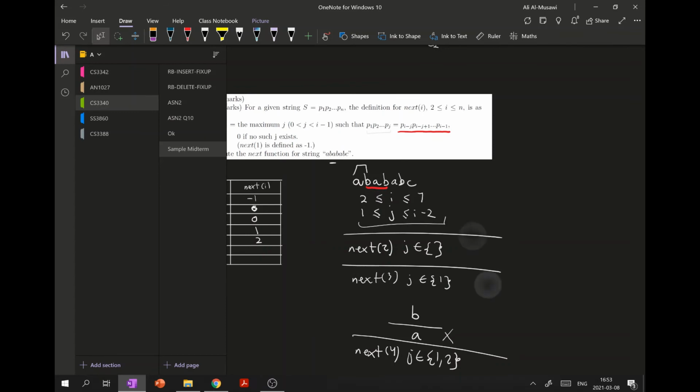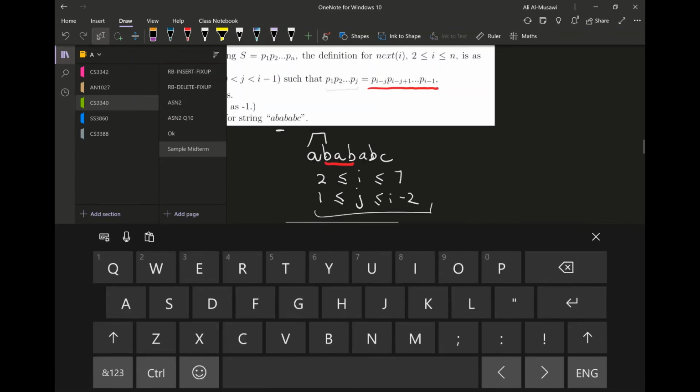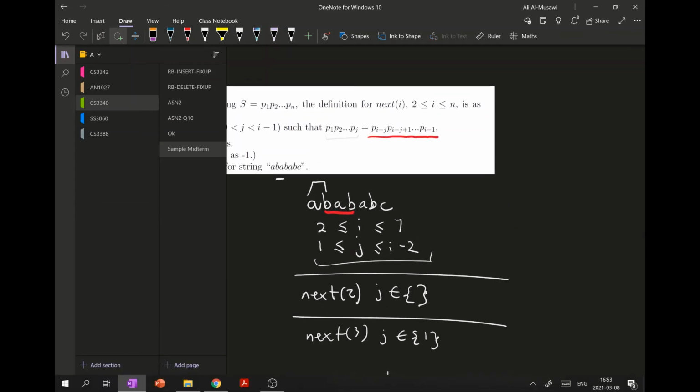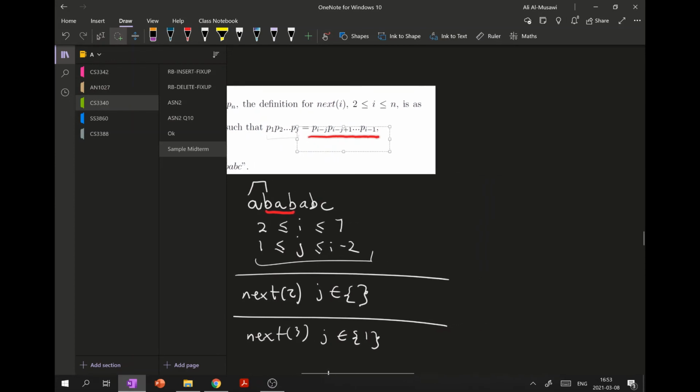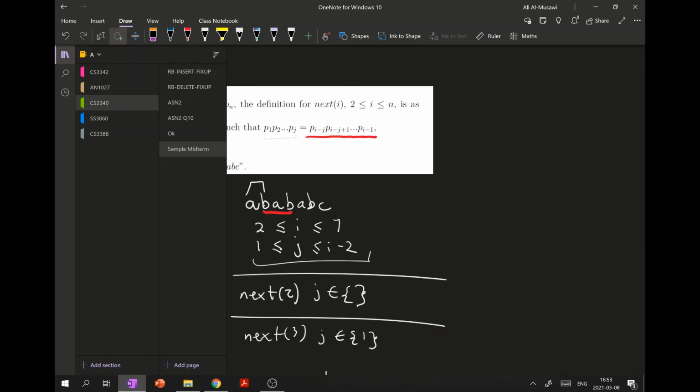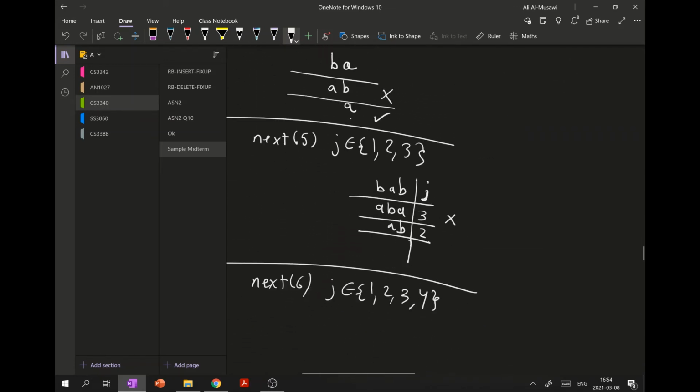The string to compare to of the right-hand side ends with P5. P5 is over here. And it starts with Pi minus j, and we pick the max j, so we end up with the second letter. It's always the second letter for this algorithm. So the string that we compare to is BABA.